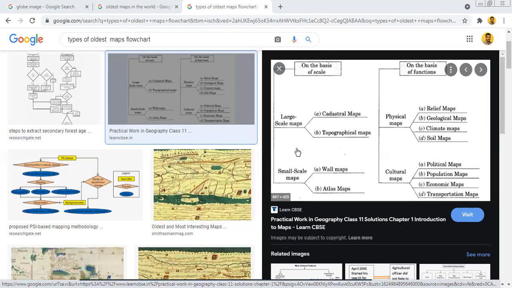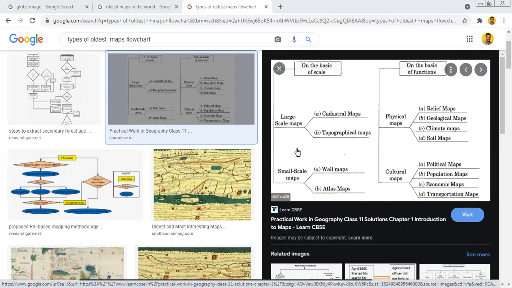So, what are the uses of maps? Already you know that maps are widely used for every purpose at present. Once upon a time, maps were used only for direction, to reach a destination. Slowly they started using maps in different ways.